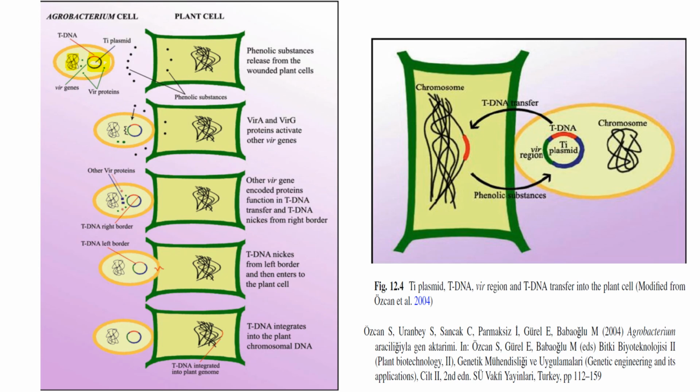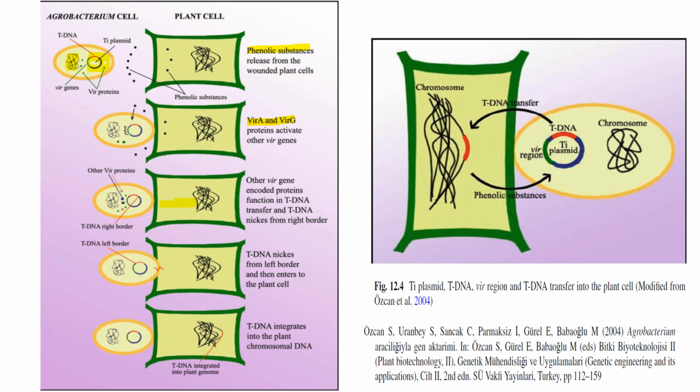Once a plant is wounded, phenolic substances are released from the plant, and these phenolic substances attract the agrobacterium to come and attach to the surface of the plant cell. Now, VirA and VirG proteins present in the agrobacterium activate the vir genes, and this causes the agrobacterium to prepare itself to enter its tDNA inside the plant cell.